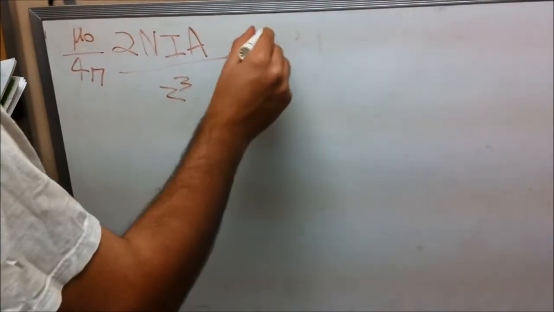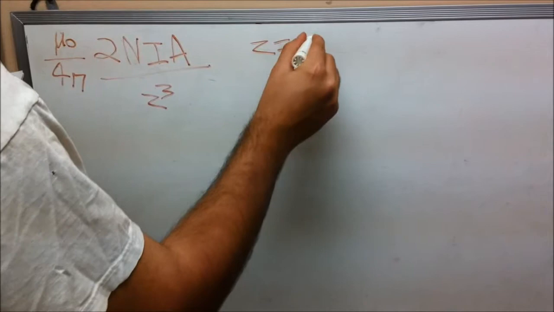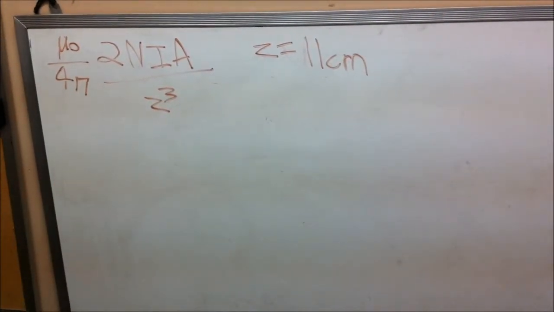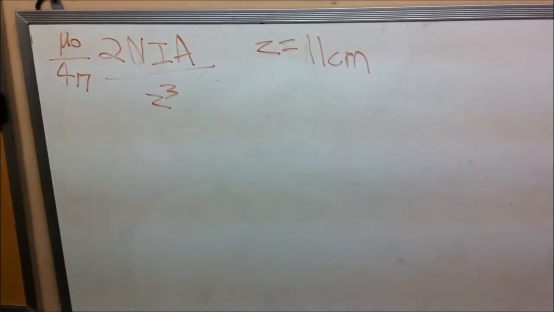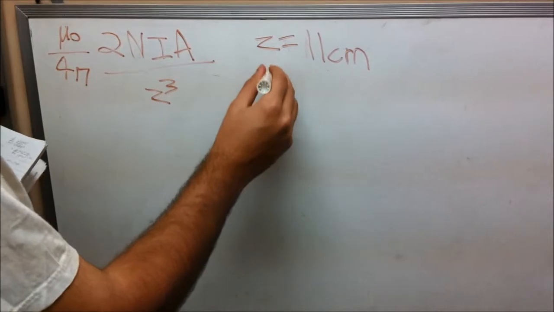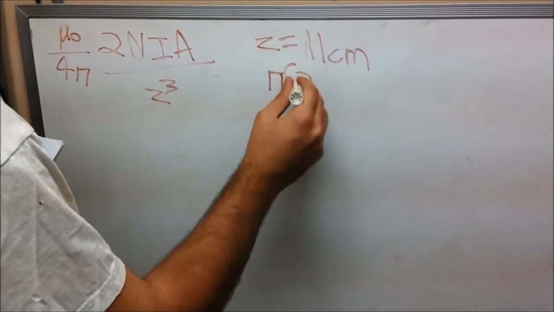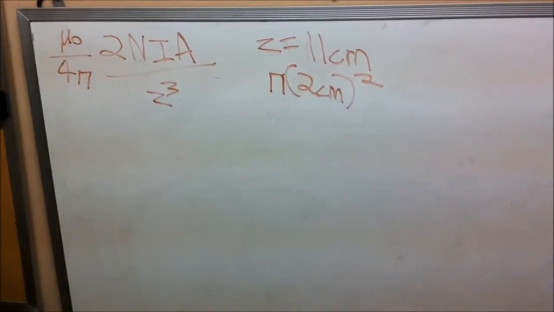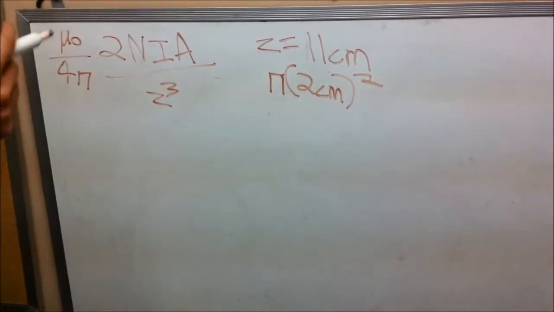So in our case, z was 11 centimeters. And the radius of our wire, as we heard in the problem statement, was 2 centimeters. So the area would be pi times 2 centimeters squared. And n is the number of coils that are in the loop.